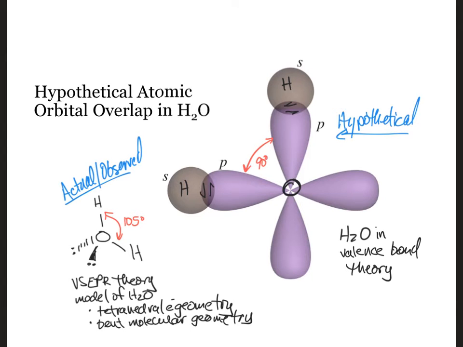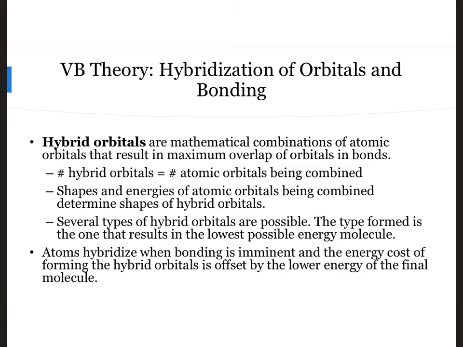So, how do we refine valence bond theory to fit our observations? Hybrid orbitals are mathematical combinations of atomic orbitals that result in the maximum overlap of orbitals in bonds. The number of hybrid orbitals will equal the number of atomic orbitals being combined.